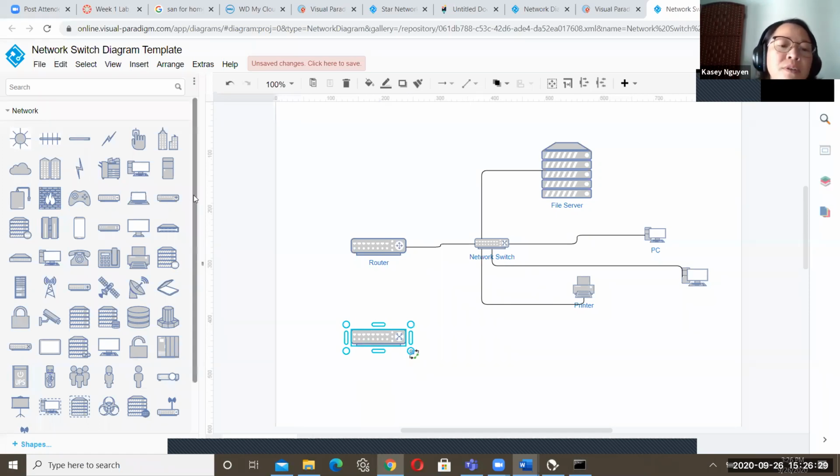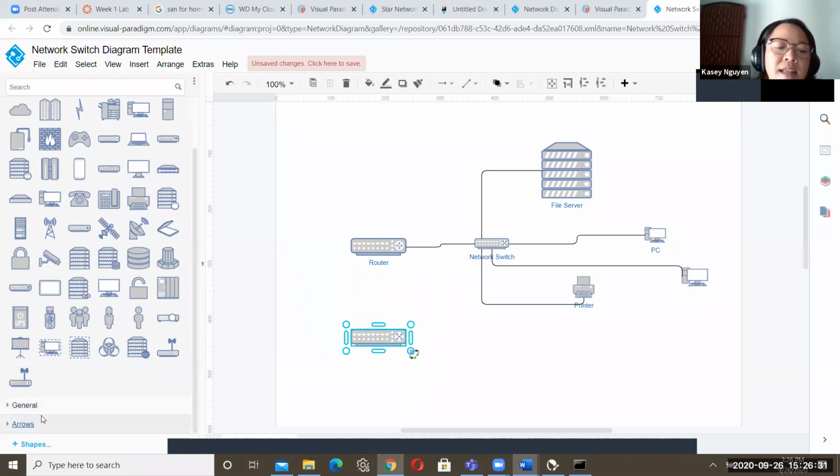Now, the tool is only as good as its library of objects. So sometimes you might not have everything that you need. So you would use some form of text to really indicate what you mean. The way we can tell the difference between the router and the switch is that the router has 4 arrows, while the switch has angled arrows, like an X. That's how we can tell the difference.